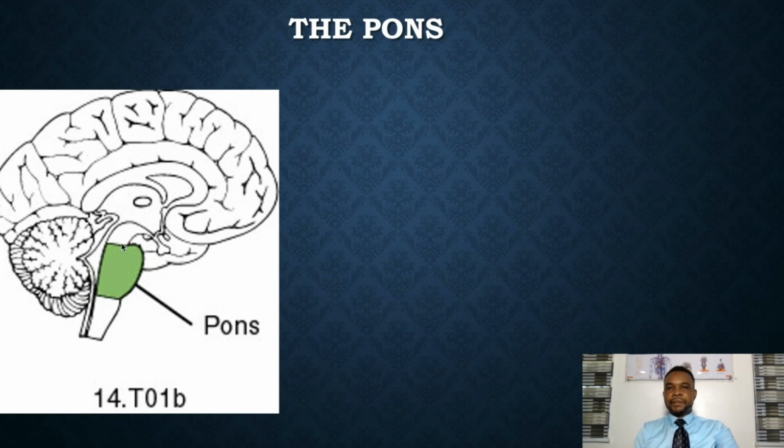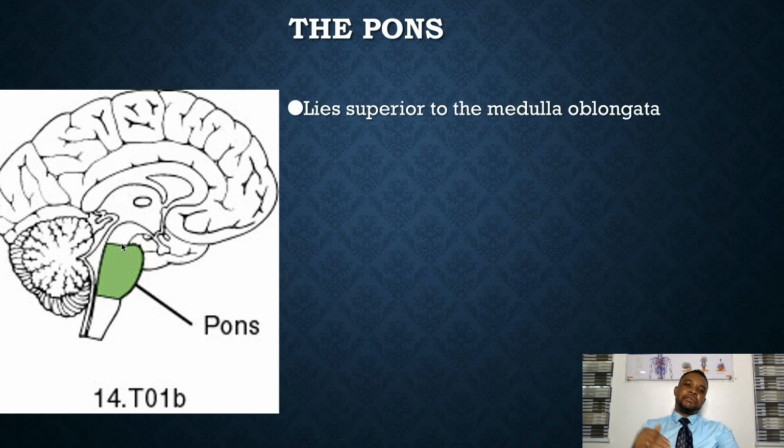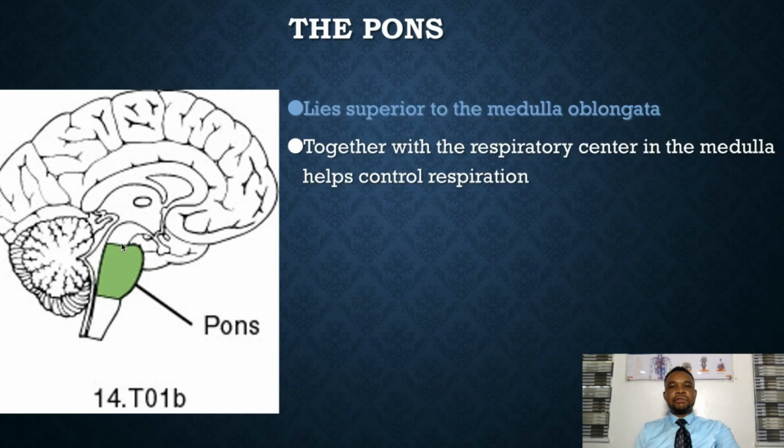Inferior to the midbrain, we have the pons. So the pons lies superior to the medulla as well as inferior to the midbrain. Together with the medulla, they help to control the respiratory system of the body. That's why this part of our brain, where we have the pons and the medulla, is very important, because that's where we have the center that controls respiration.